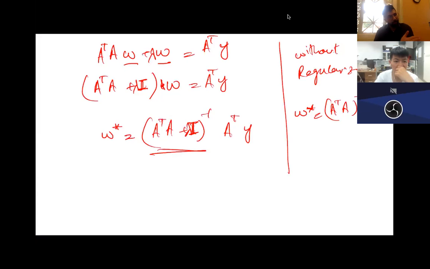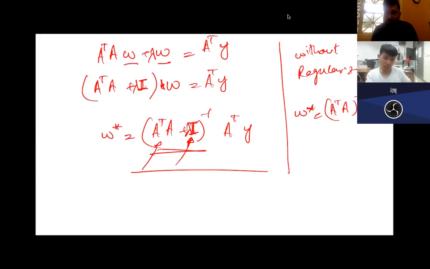Well, if you have a diagonal matrix added to a matrix, then you can be sure that the matrix is full rank. Unless A transpose A somehow cancels out this lambda identity, this would be full rank, and as a result, its inverse would be easy to calculate. So that's the intuition of why it helps.